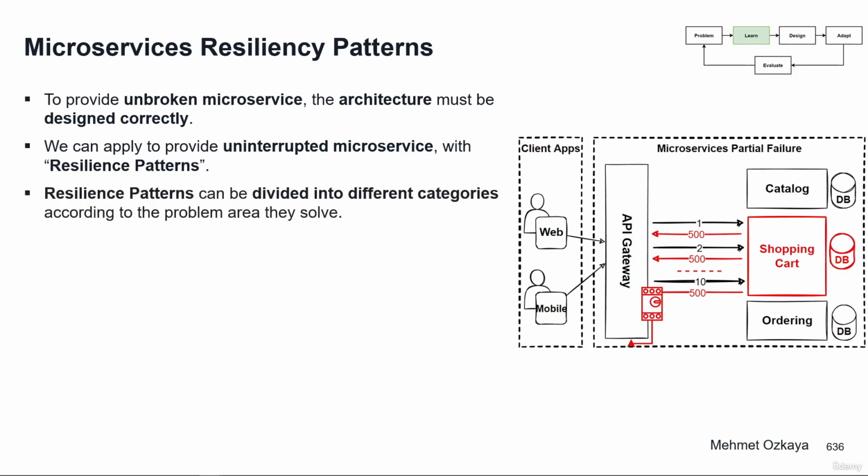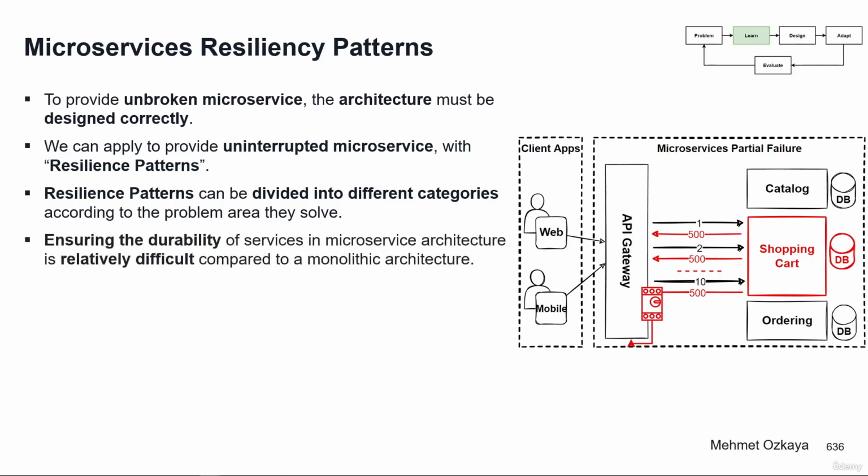Resilience patterns can be divided into different categories according to the problem area they solve, and it is possible to examine them under separate topics, but we will look at the most needed and essential design patterns in this video. Ensuring durability in microservice architectures is relatively difficult compared to monolithic architectures.